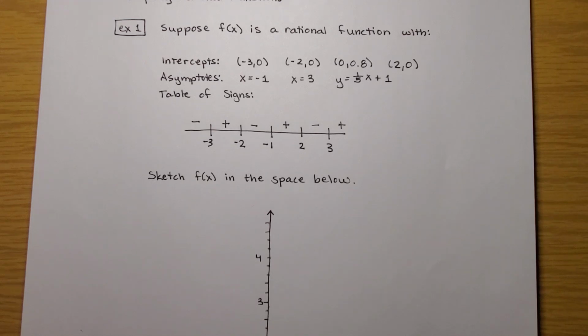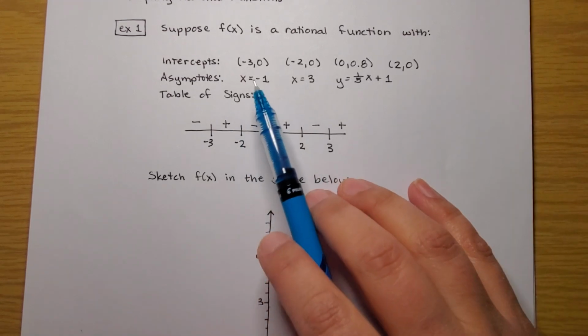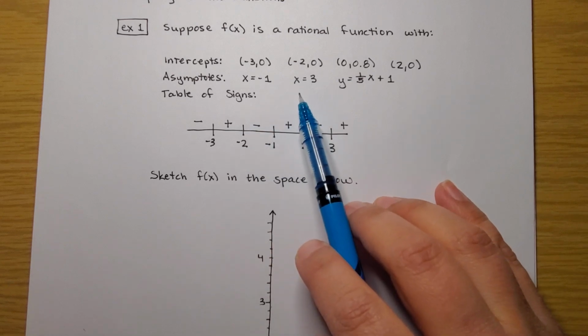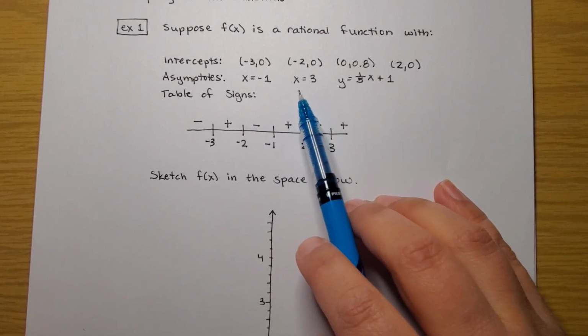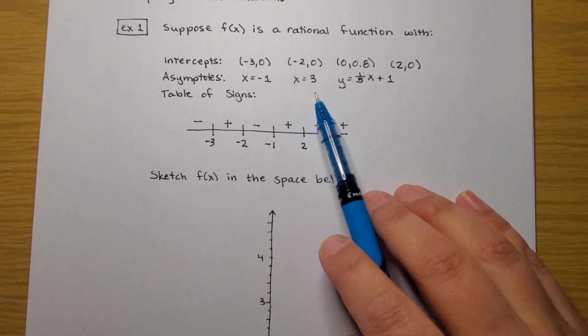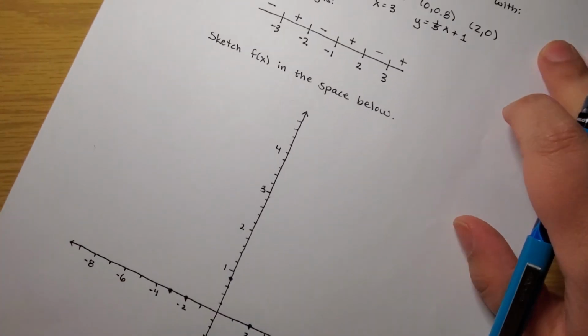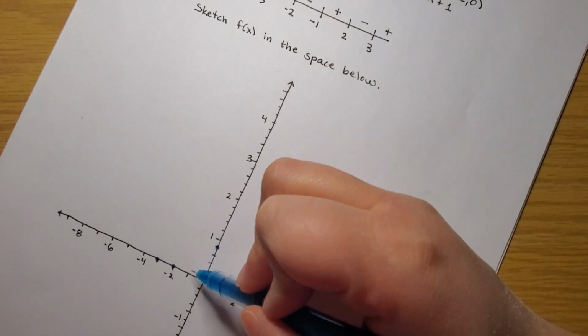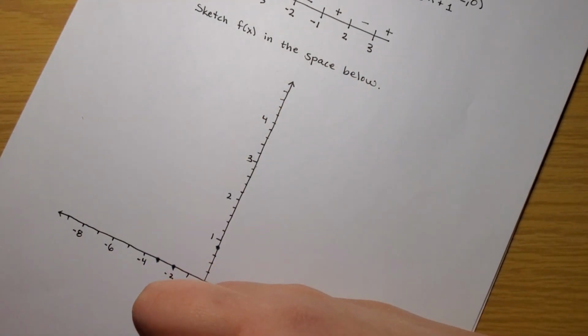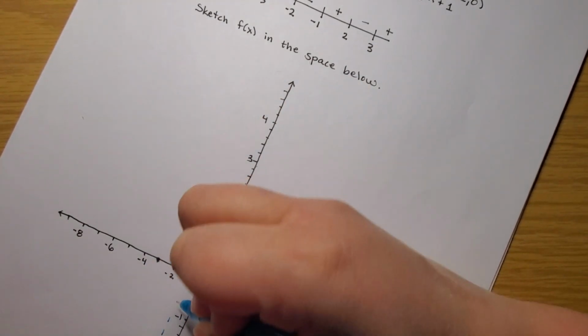Then I'm going to graph the 3 asymptotes. Remember, whenever you see x equals, that means it's a vertical line. So I'm going to graph a vertical asymptote when x is -1, as well as when x is 3. I'm going to turn my page a little bit to graph this. Here x is -1, so I'm going to do a dotted line there.